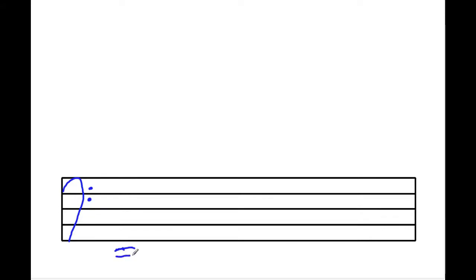See if I can get a couple of acceptable ledger lines here. So that, two ledger lines down on the space, is the pedal B flat in bass clef. So that is the lowest note that I can get in first position.